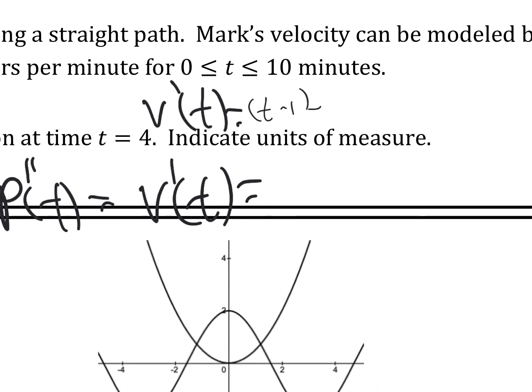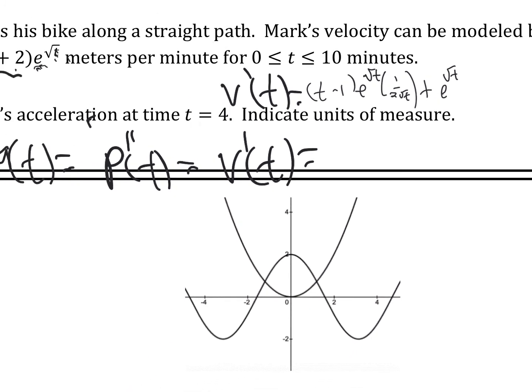So e to the square root of t times 1/2 square root of t. I remember how to do the derivative of the square root of x. It was 1/2 times 1 over square root of x, because it becomes t to the negative 1/2, so it goes downstairs. Plus the second, which is e to the square root of t, times the derivative of t minus 1, which is 1. So there's my derivative of v.